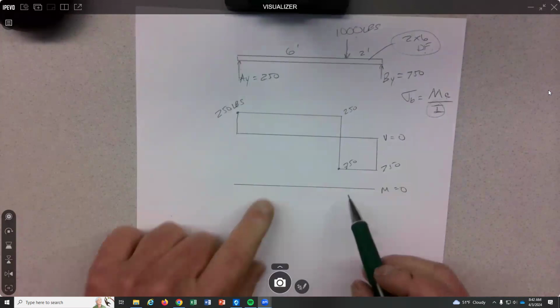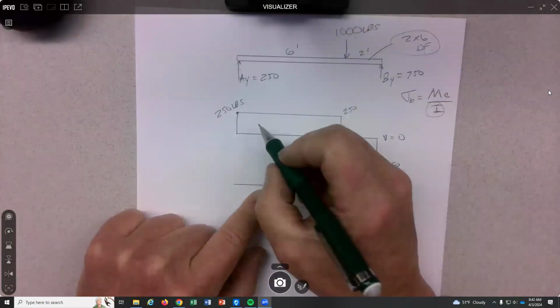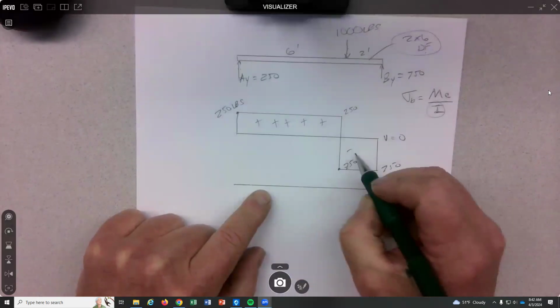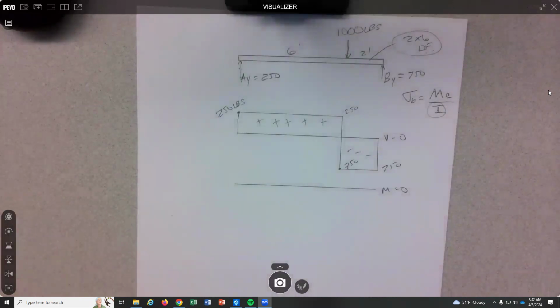So to make the moment diagram from the shear diagram, you think about plus areas of the shear and minus areas of the shear. Plus area means that is positive slope in the moment. And positive slope is up and to the right.